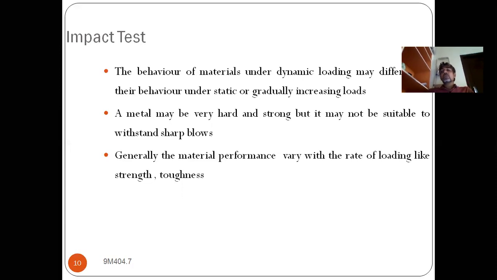Why do we have to go for it? Because the behavior is not uniform at static as well as dynamic loading. Results calculated at a static level are not valid when applied to dynamic loading. So that's why we have to calculate the impact strength at dynamic loading.